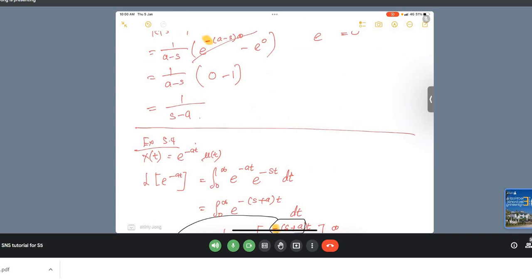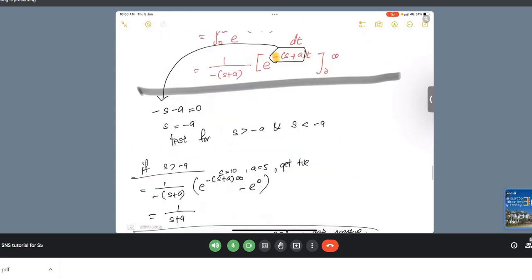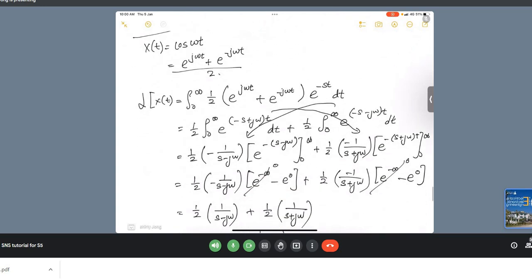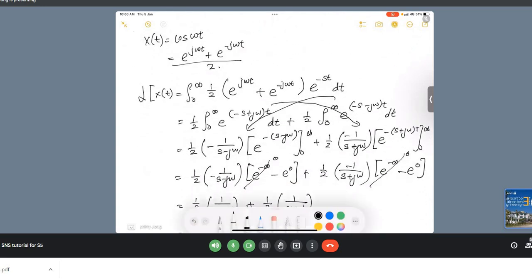Okay, if you find out the value, the latest one, this question, cos omega t, this one you can test also. You can test here, this part.